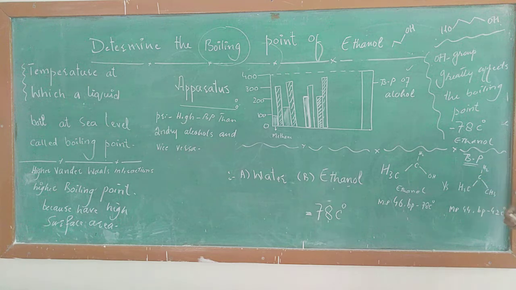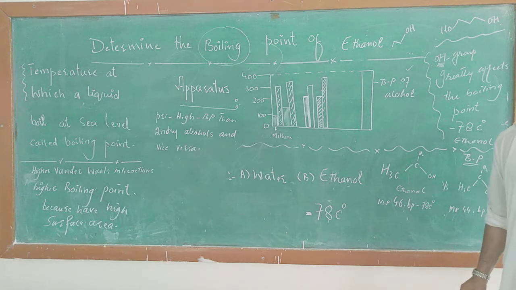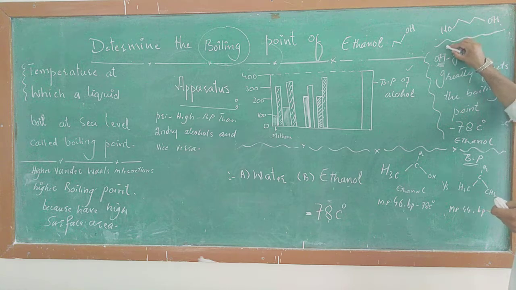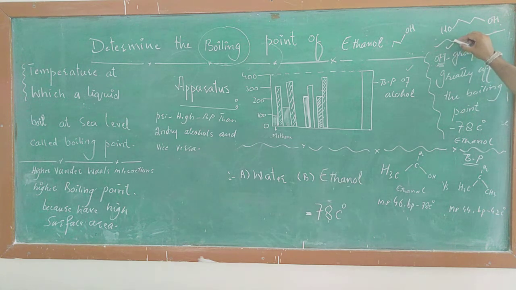So in this experiment, you will notice that with primary, secondary, tertiary, and quaternary alcohols, the boiling point increases, which means it has a higher amount of hydroxyl groups inside that alcohol.